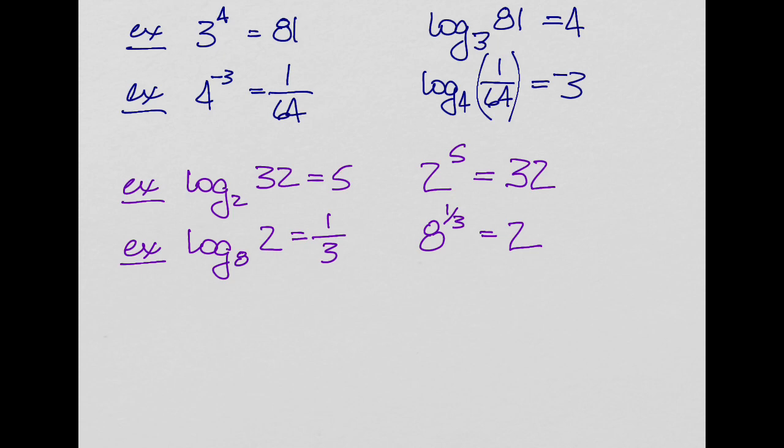And so rules of exponents again. Fractional powers are roots. So 8 to the 1/3 power, which is totally different from 8 to the 3rd power. 8 to the 1/3 power is the third root of 8, the cube root of 8, which is indeed 2. So that's a true statement.